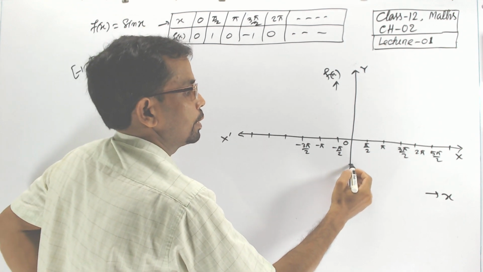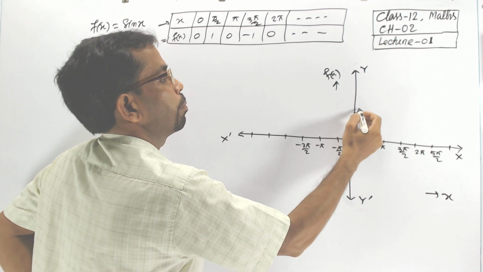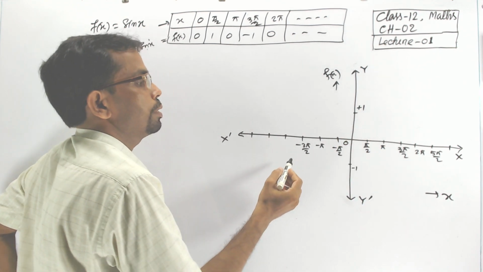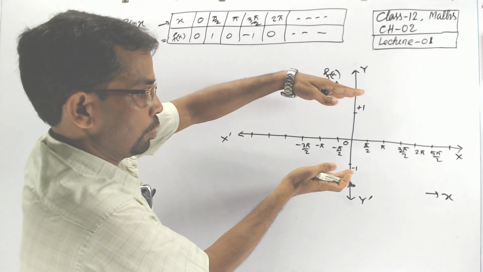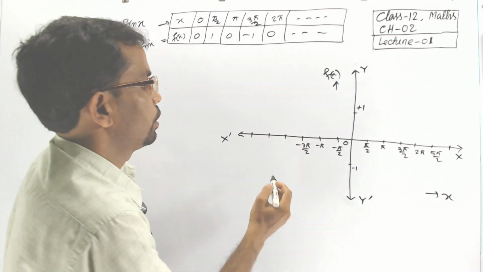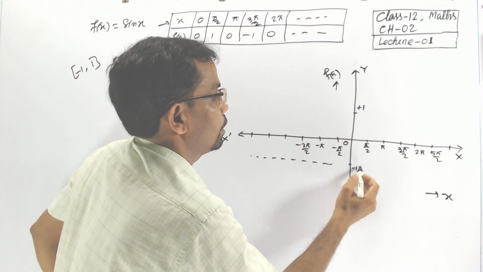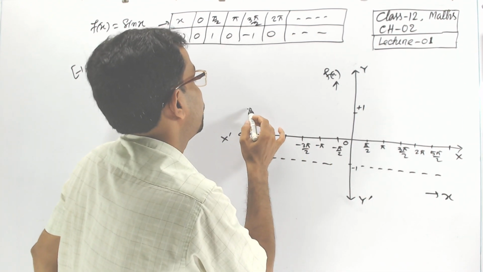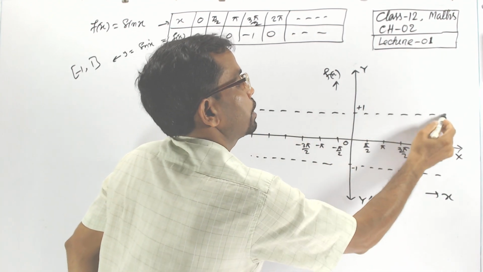Then I'll take here minus 1 and here plus 1. That means the values of f(x) cannot go beyond minus 1 and plus 1. So I'll draw like this. The value of f(x) cannot go beyond this line.